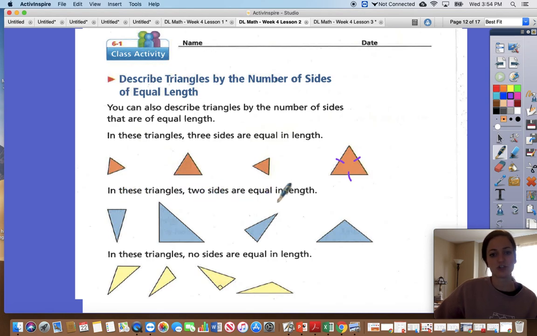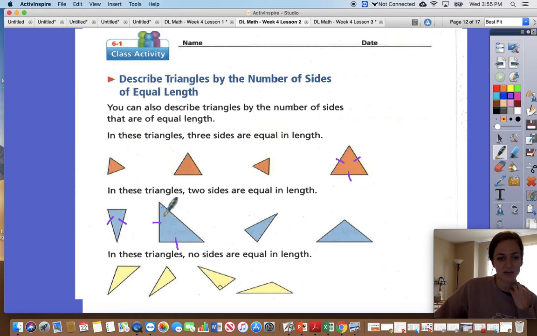In these triangles, two sides are the same length, but then one is either longer or shorter. Let's look at this one. Which two sides are the same length? This one and this one. So I'm going to put two lines to show these two are the same length. What about this one? It's actually this one and this one. These two are the same.